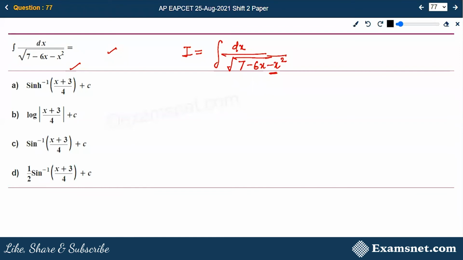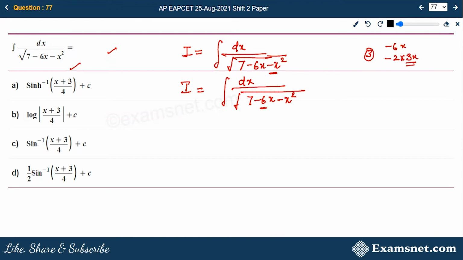You have to find the solution to this. See, you are having x square over here, so I'll be trying to complete the square. This is equal to dx upon 7 minus 6x minus x square. This is minus 6x, that means b in this case will be 3, right? Minus 6x is something like 2 into 3x, right? So b is 3 in this case.